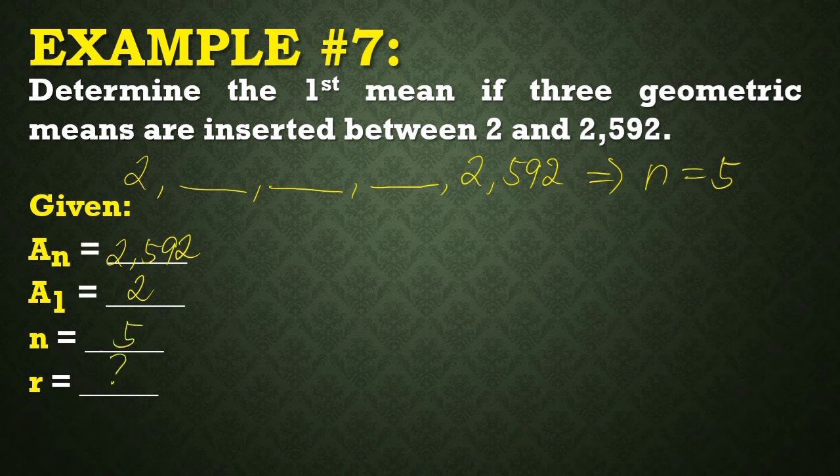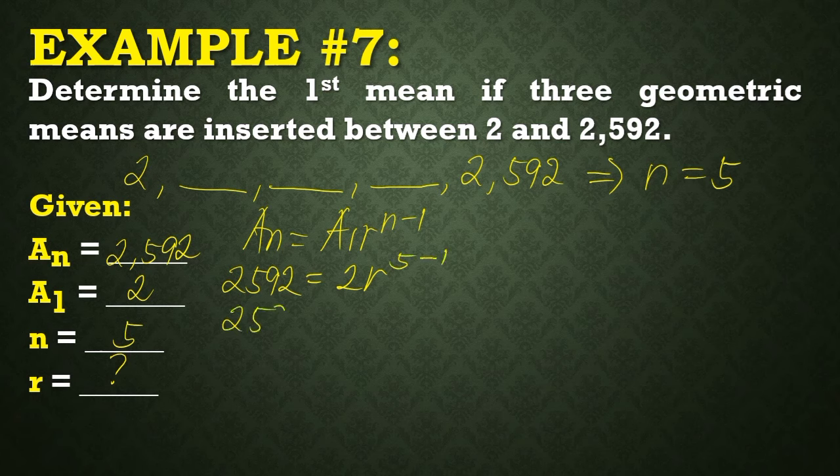So if we apply the formula, a sub n is 2,592 equals the first term, 2, then r raised to n minus 1, magiging 5 minus 1. Then 2,592 equals 2r raised to 5 minus 1, that is 4.